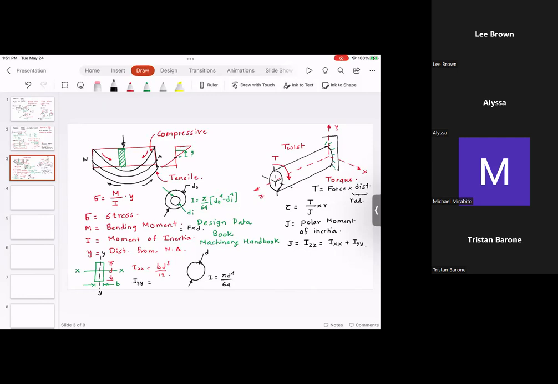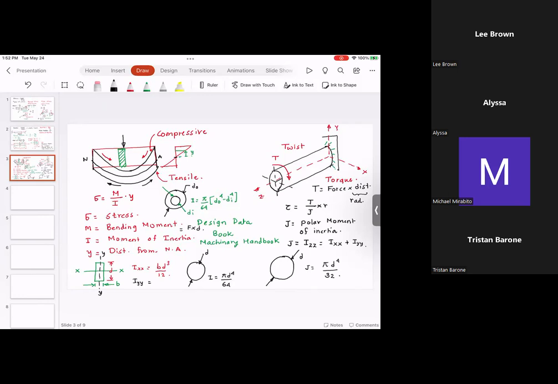In advanced design courses, you can look at the design of non-circular shafts. But for circular shafts, if the diameter is D, J is equal to pi D raised to 4 divided by 32.